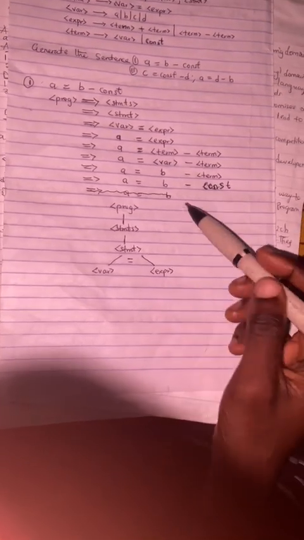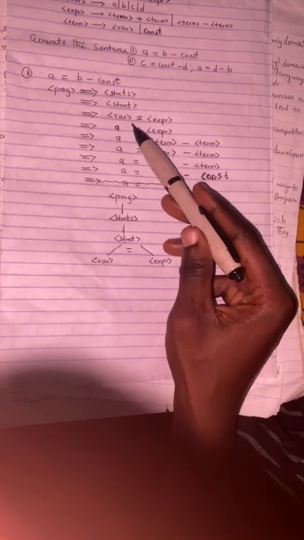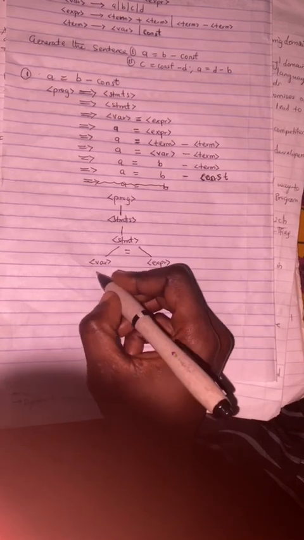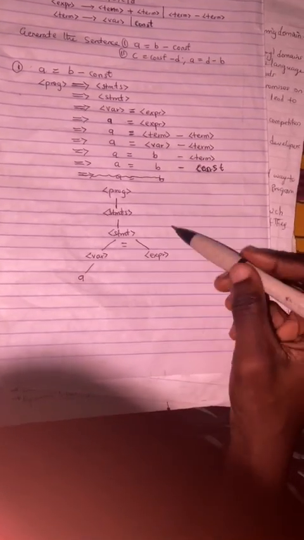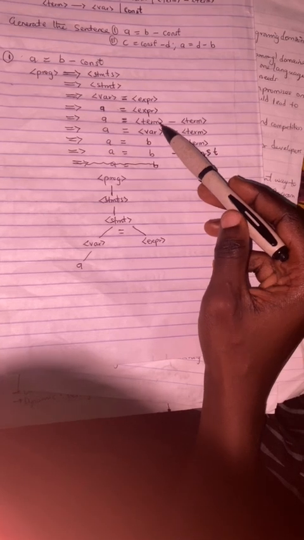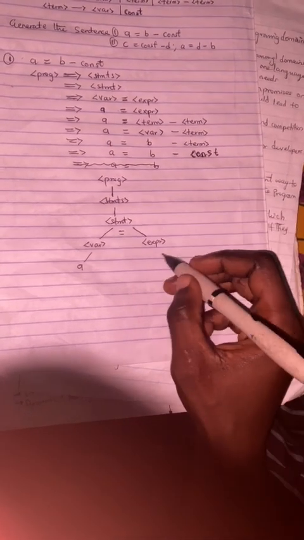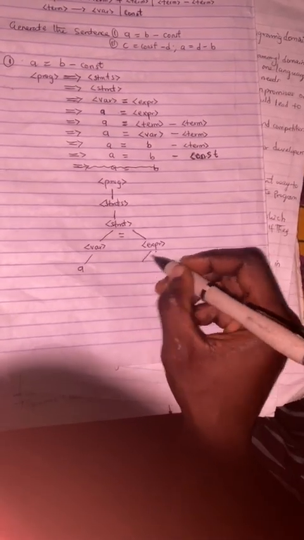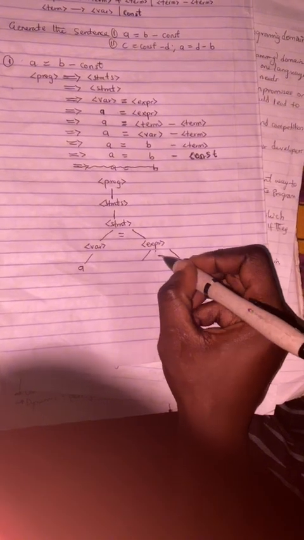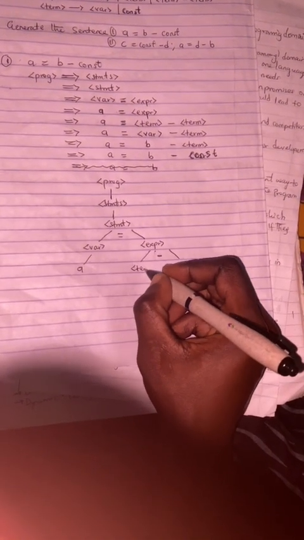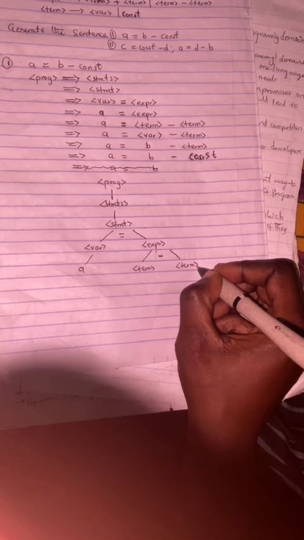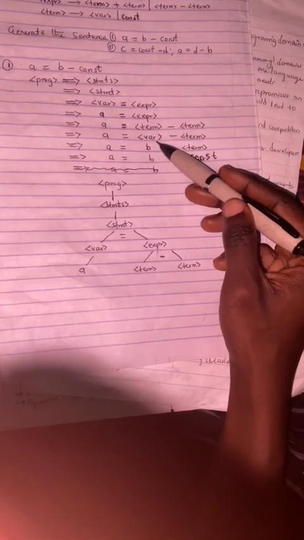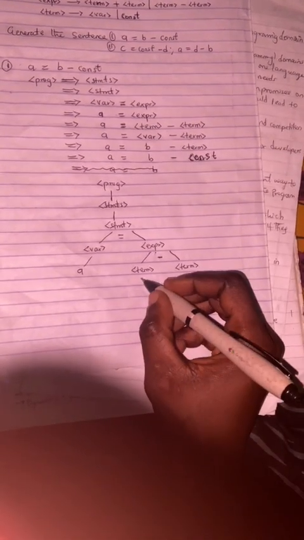Now var gave us A. We're not going to repeat all of them, so we'll just stop at this. var gave us A, and we ended it there. But for this expression, you can see that it gave us 10 minus 10. So it's opening another branch here where we have minus in the middle. We have 10, and then we have minus 10. Now this term gave us var, right?